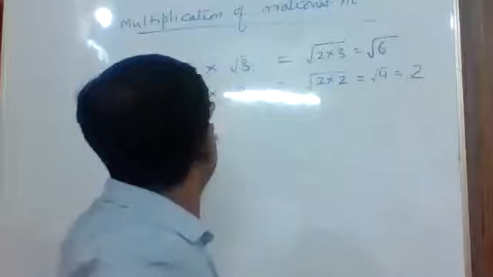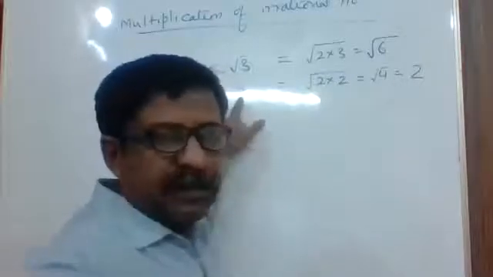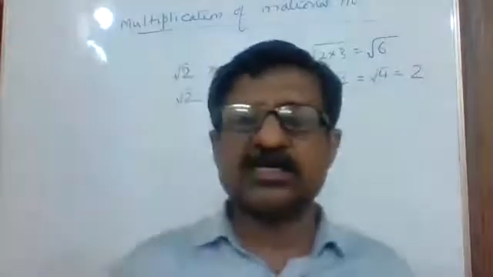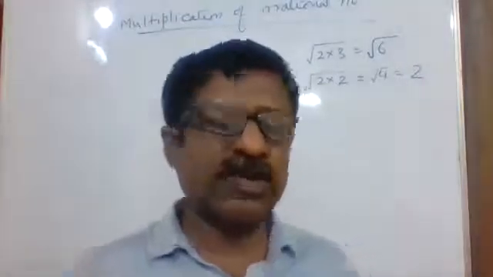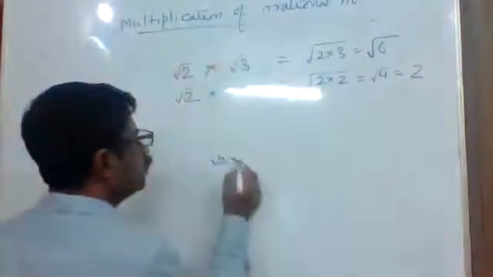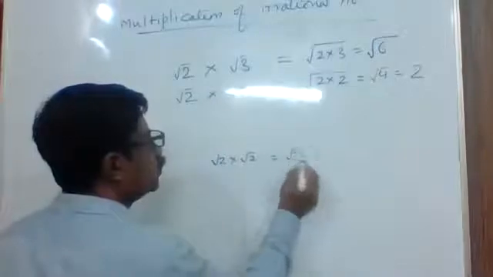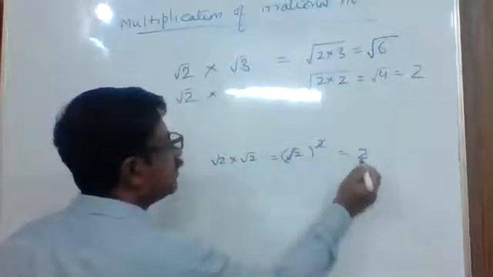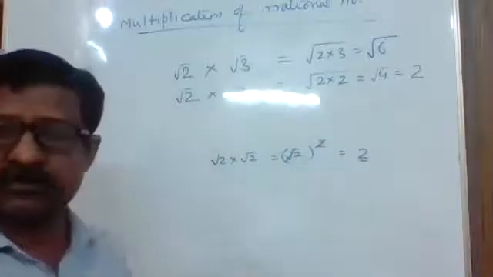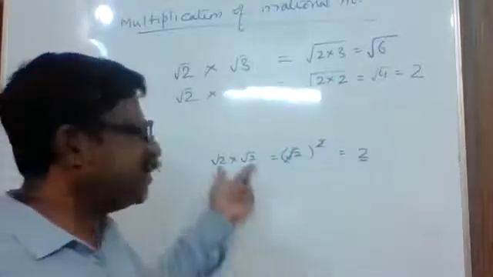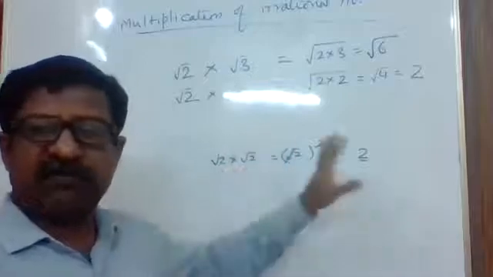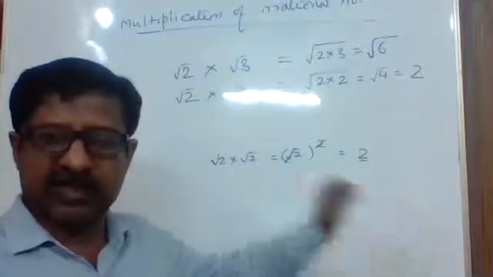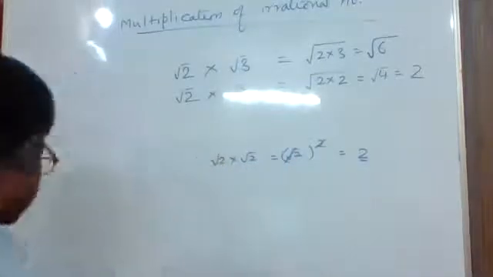Because the same number, root 2 and root 2, is multiplied, we consider square and square root will be cancelled. Root 2 into root 2 means root 2 whole square, and square root and square cancel, and it becomes 2. Clear? Therefore, if the same number is multiplied, we avoid writing the root sign. You have to keep that in mind. Clear?